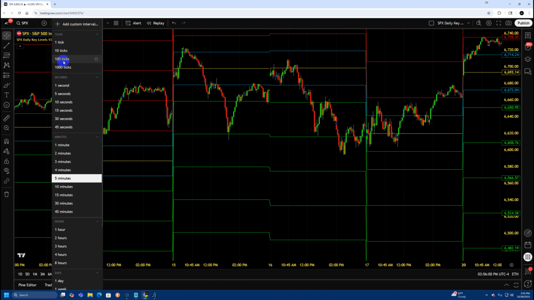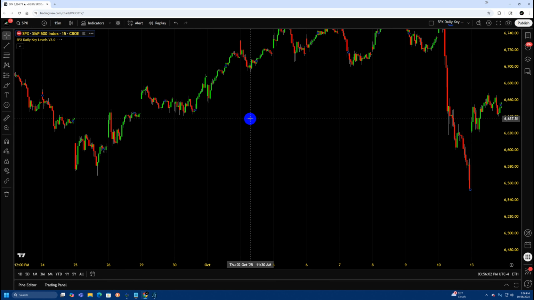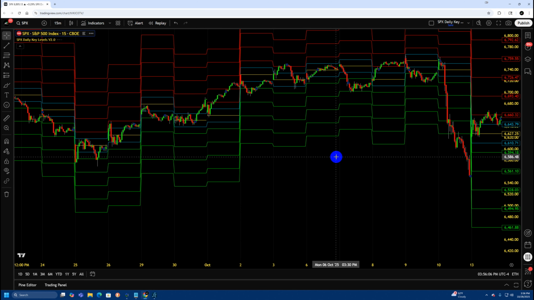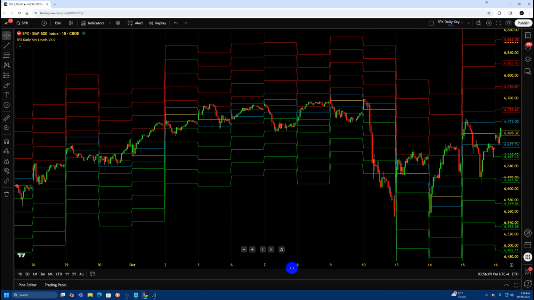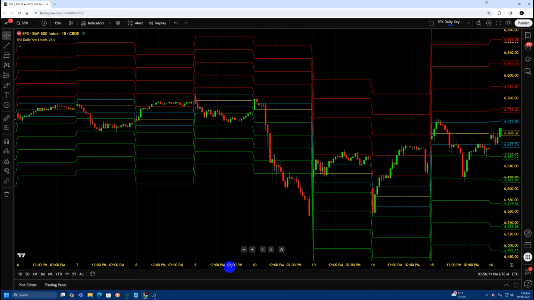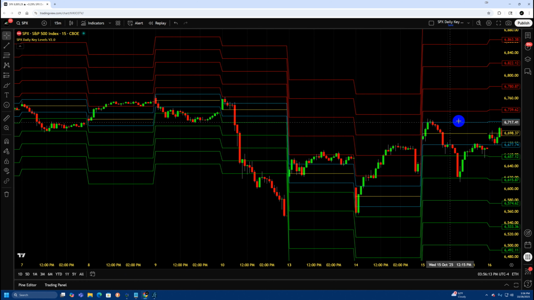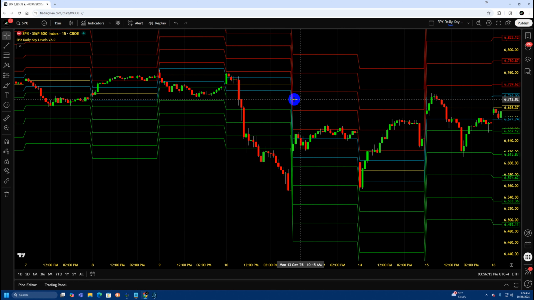Now, you could go to a 15-minute chart, and that can give you a better view of the day. Here you can see it went beyond the S6 level.